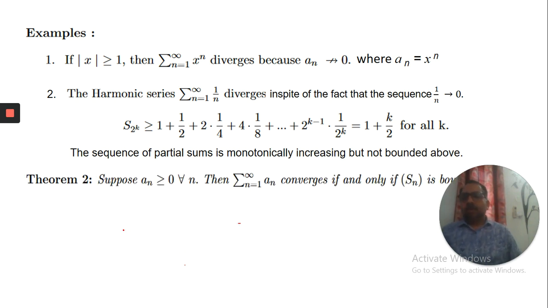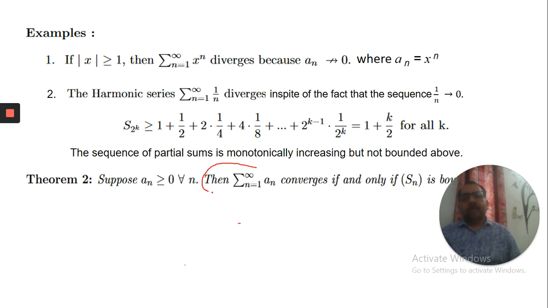Now, theorem 2 is: suppose a_n is greater than 0 for all n, then summation a_n converges if and only if S_n is bounded above. This we already know from our previous chapter: if a sequence is monotonically increasing and bounded above, then it is convergent.